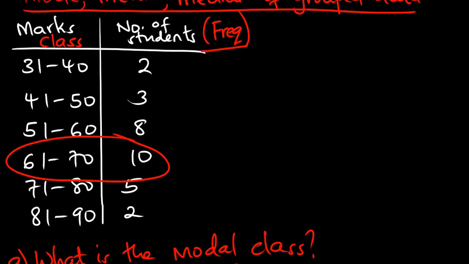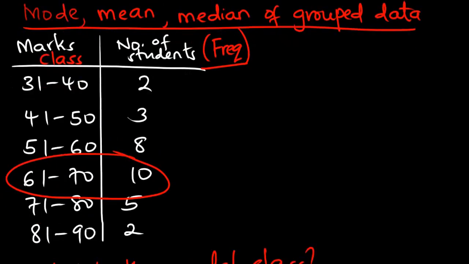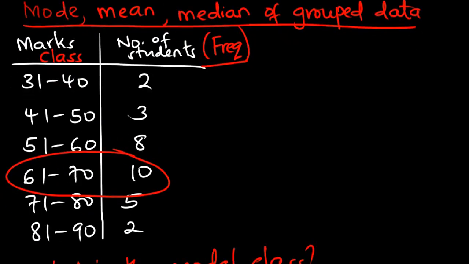But for a grouped set of data, it's a bit different. When you look at the class 31 to 40, we have 2 students who scored marks between 31 and 40, but we cannot tell exactly which mark was scored. In between 31 and 40, there's 32, 33, 34, all the way to 40.